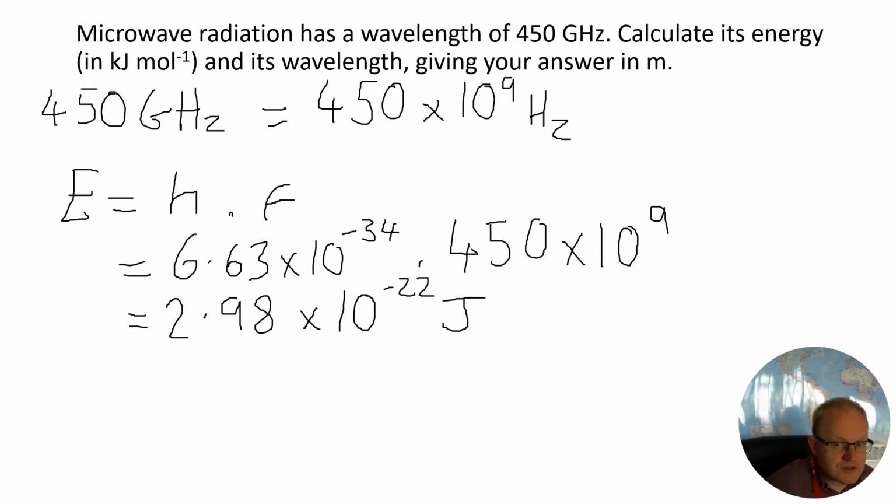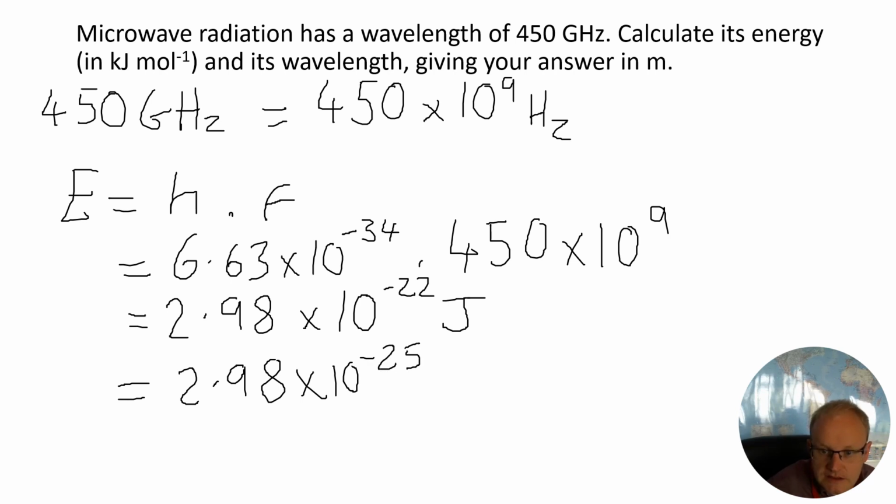To go from joules to kilojoules, we divide by 1,000. So that would be 2.98 times 10 to the minus 25 kilojoules. And then to go from kilojoules to kilojoules per mole, just like we did on the previous example, you times that by Avogadro's number, Na.